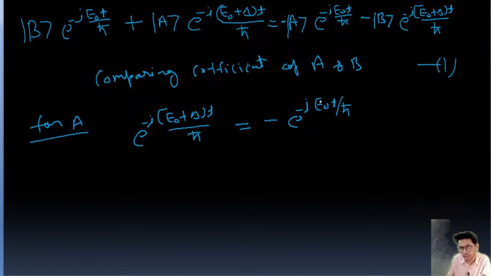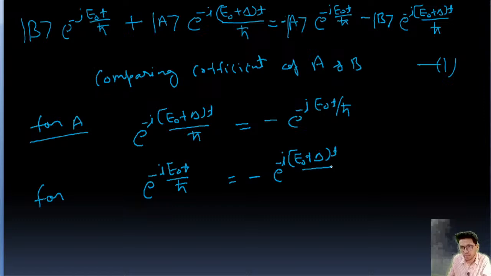And for B, comparing for B, we are also getting the same, that is e to the power minus iota E naught T upon H cut equal to minus e to the power minus iota E naught plus delta T upon H cut, right? Both are the same, guys. We can just take the minus and take it to this side, so both are the same.